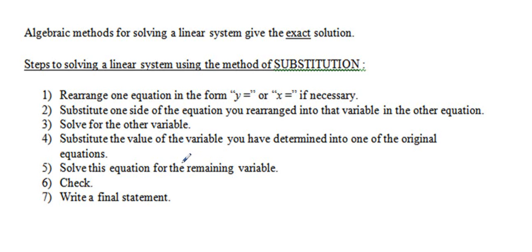And then once you've solved for the x or the y, you're going to substitute the value of the x or the y into one of the original equations. You're going to solve for the other variable. So if you had already solved for y, when you sub that back in, you're going to be able to find the value for x. You're going to do a check, and then you're going to write a final statement.